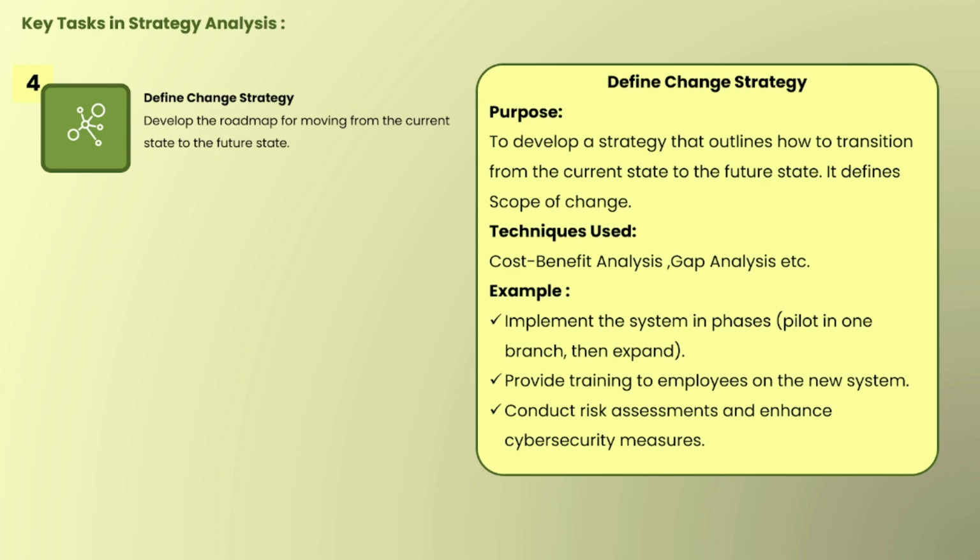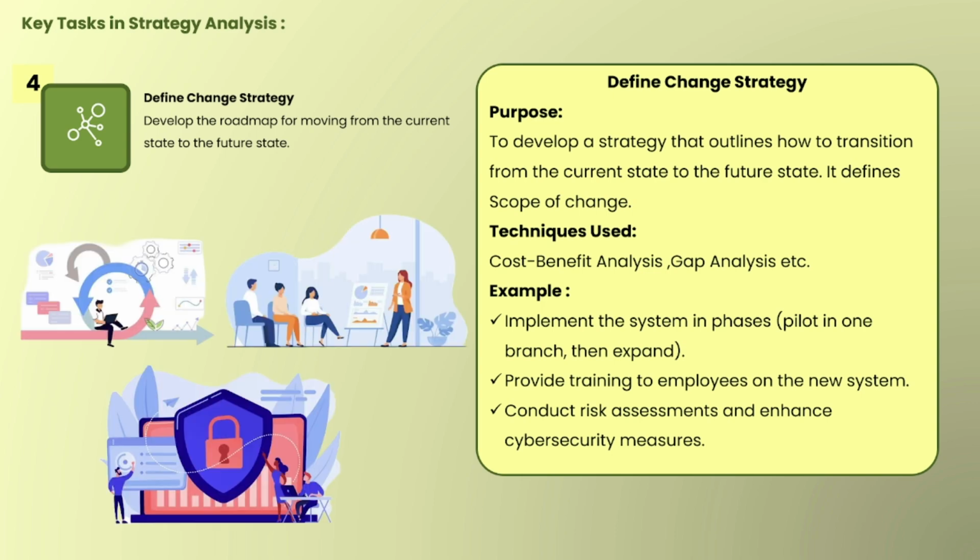Now let's check the example here, which shows how the change strategy is implemented in the project. It implements the system in phases, like a pilot in one branch, then expands. As we discussed regarding the software development life cycle, we are using the agile methodology, meaning slowly, one by one, we implement the features. Similarly, we can consider this a change strategy.